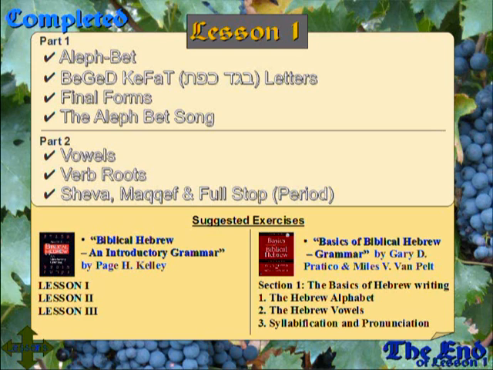And if you have The Basics of Biblical Hebrew Grammar by Gary D. Pratico and Miles V. Van Pelt, and you haven't done it, then please look at section 1, the Basics of Hebrew Writing, and do 1, the Hebrew alphabet, 2, the Hebrew vowels, and 3, syllabification and pronunciation. Right, well that's it for lesson 1.